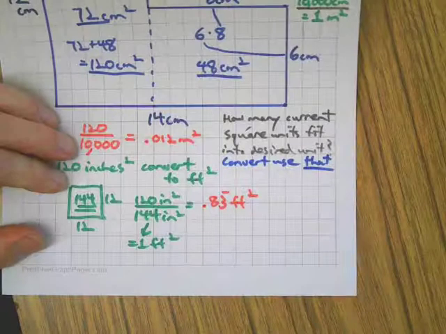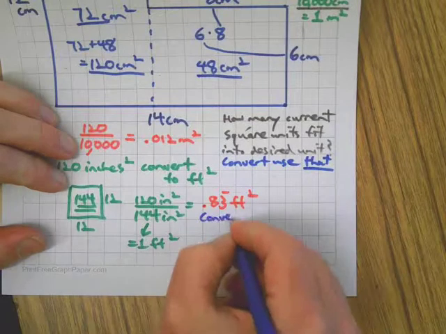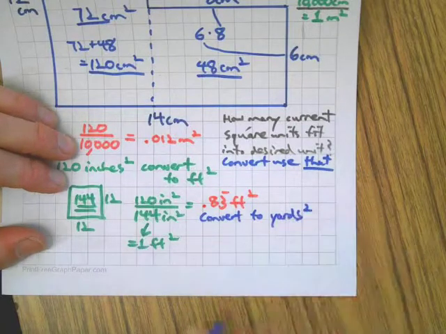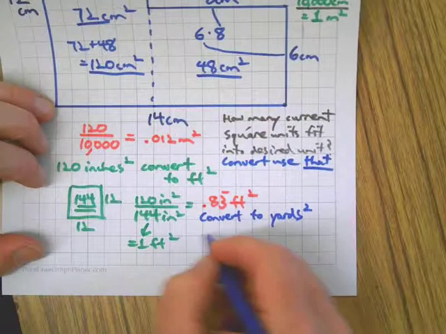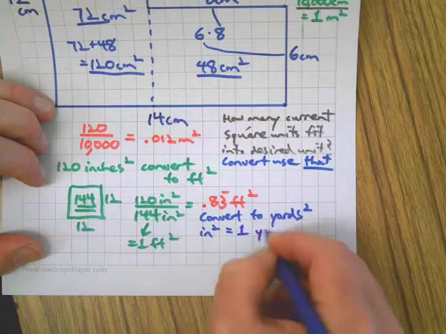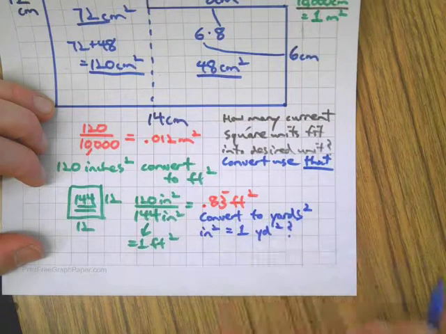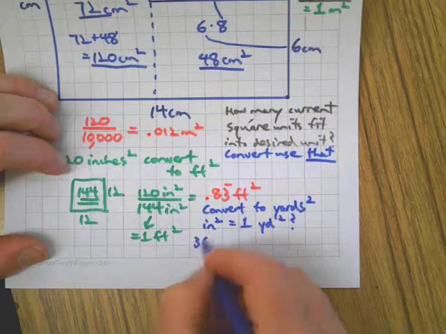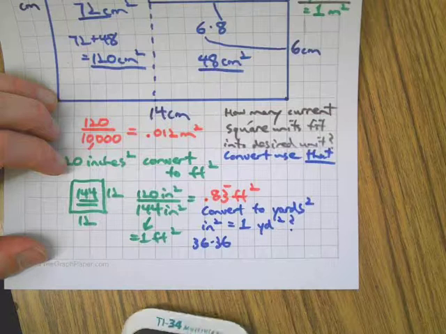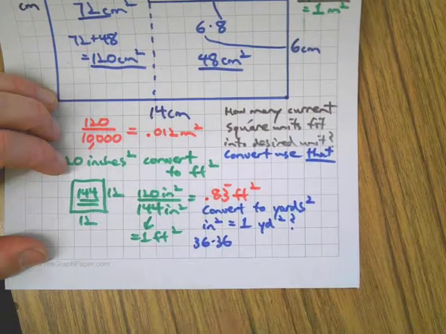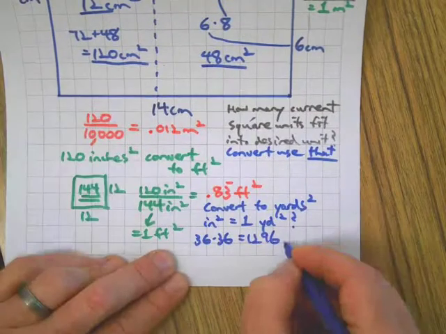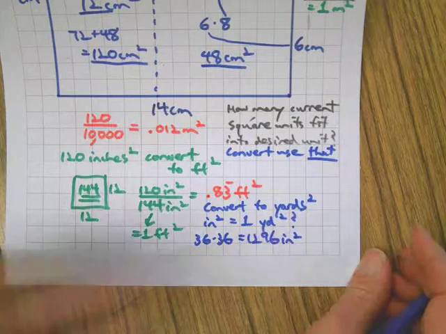Hey, let's take it one step further. Let's say convert to square yards. How many square inches in 1 square yard? Well, there's 36 inches in a yard. 36 times 36 is 1,296 square inches in a square yard.